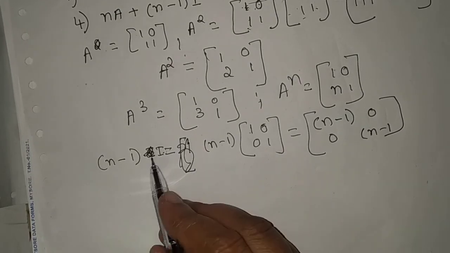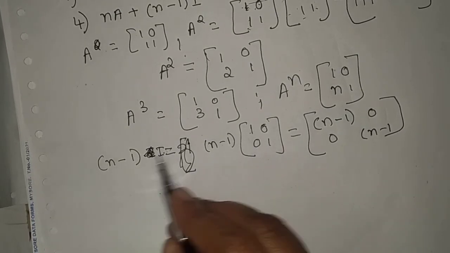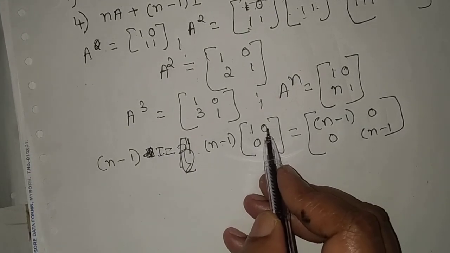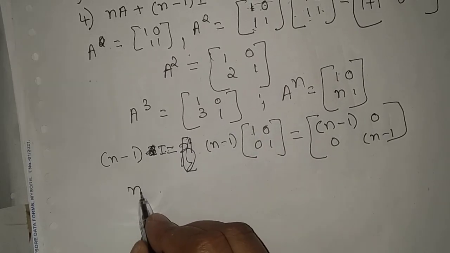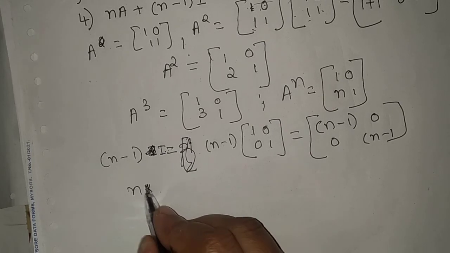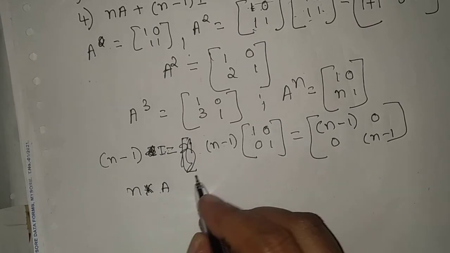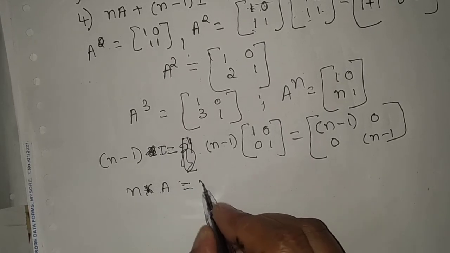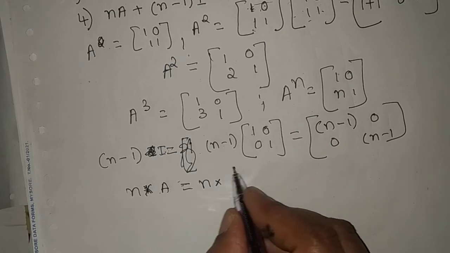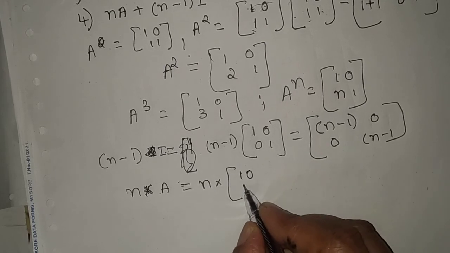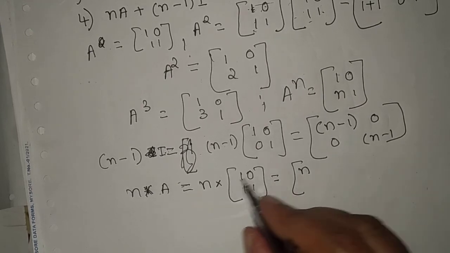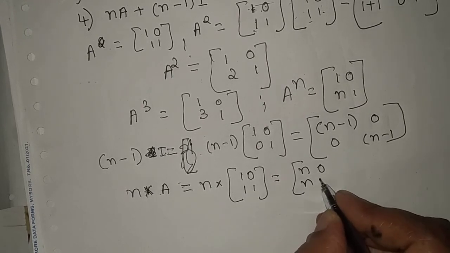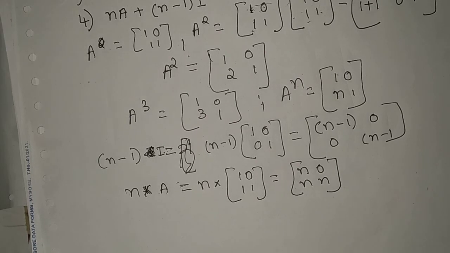After this we got n minus 1 into I. Next step is, we'll find out n into A. What is n here? So we have n into A is [1 0; 1 1]. Therefore we multiply by n: n, 0, n. So now we found out this one.